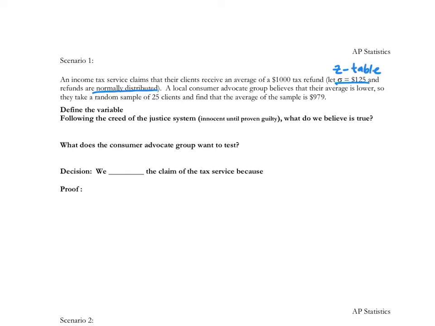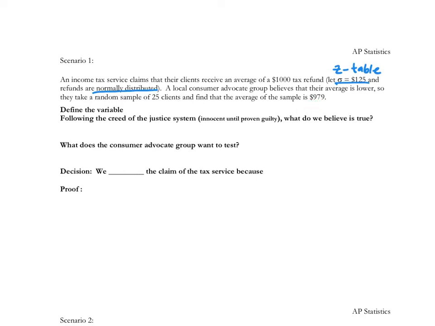And most likely we are going to be able to use it because they gave us sigma and they explicitly told us that the data is normal. Okay. All right. A local consumer advocate group believes that their average is lower. So they take a random sample of 25 clients and find that the average of this sample is $979.